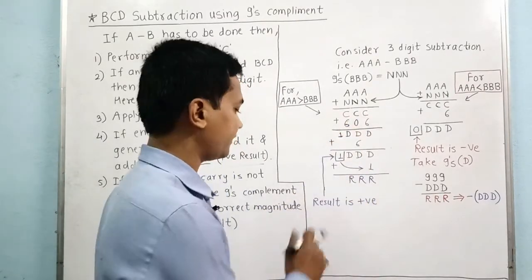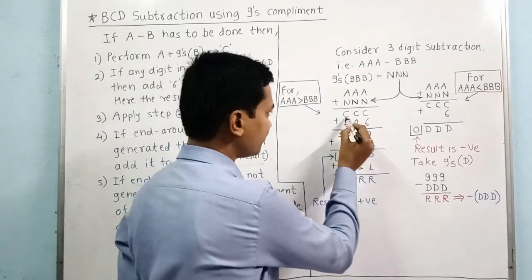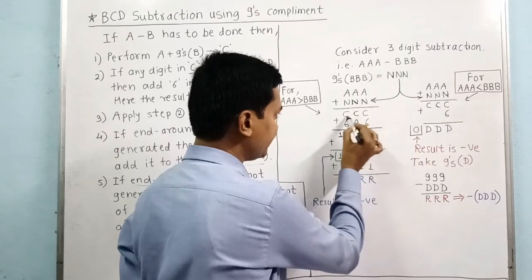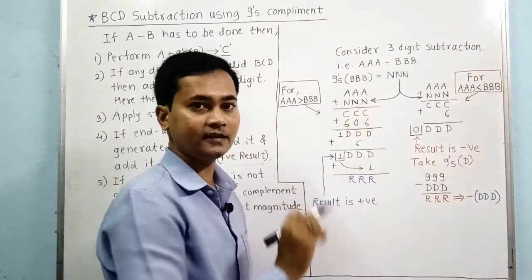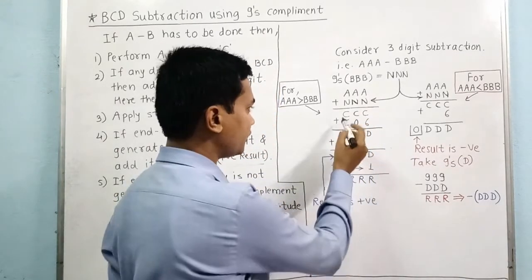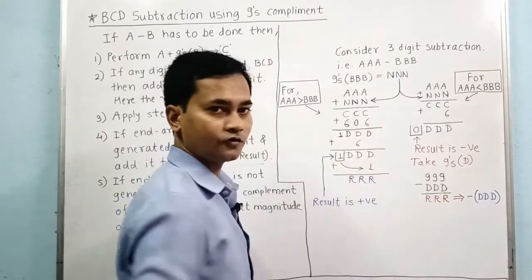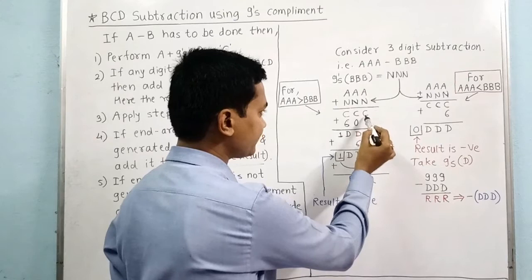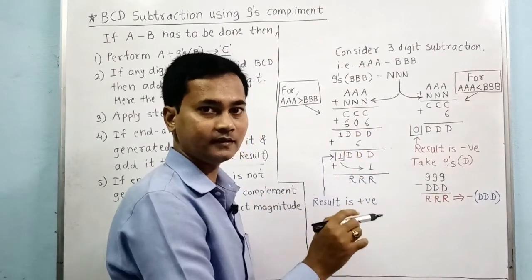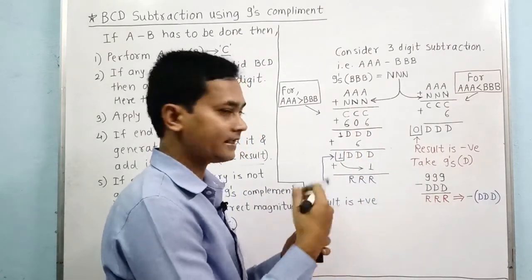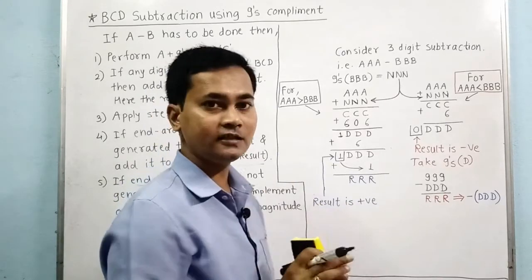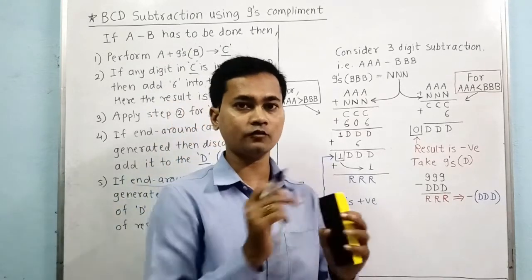Now consider that these two BCD digits in C are invalid BCD digits, which is why I have shown them in red color. Whatever digits are invalid BCD digits, we have to add 6 into that digit. Valid BCD digits means the digit value should be 0 to 9.